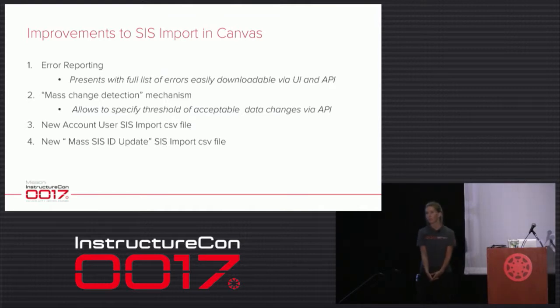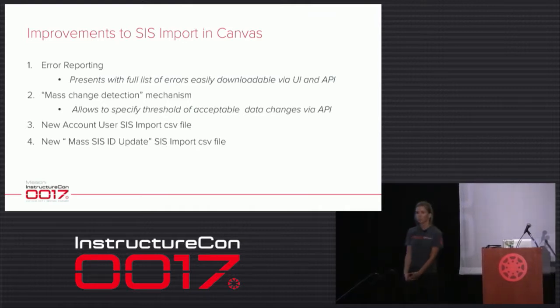You can view them via API or download the CSV from the UI. We also introduced a safety net for those of you using SIS uploads, a mechanism that allows you to detect unwanted changes and abort the update if the change exceeds the threshold. Now you can set it via API while you're doing your SIS import.